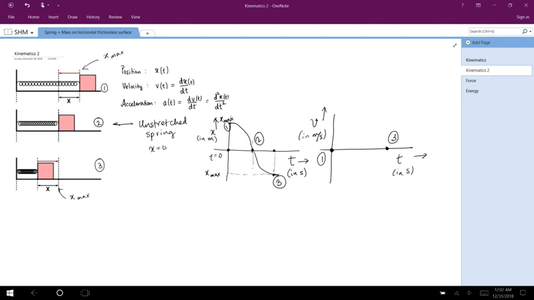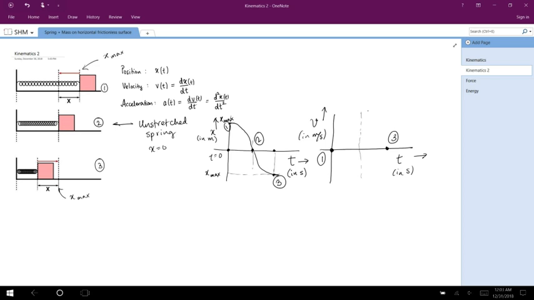And as the block moves from point 1 to point 3, we know that its velocity increases. But remember, velocity is a vector, so it has direction. We are looking at motion in one dimension, so we will just keep track of the direction of velocity by talking about positive and negative values of velocity. And in position number 2, the block is clearly moving toward the negative x-axis.